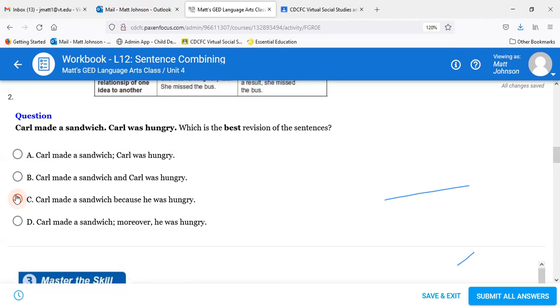You could reword it and get all fancy and say Carl was hungry, semicolon, therefore, comma, he made a sandwich. But again, you want to keep it simple and not get too fancy when combining these things. So C, they're pretty straightforward.